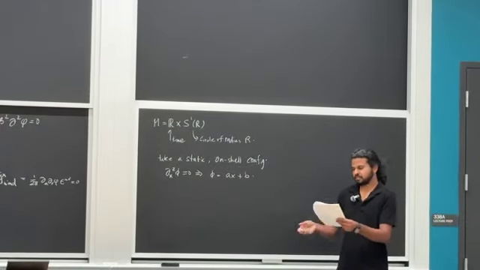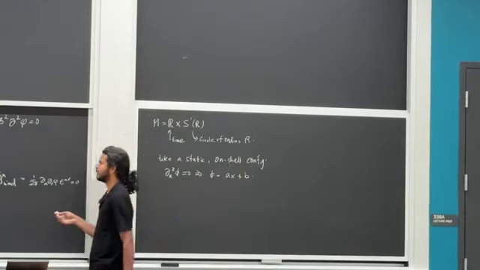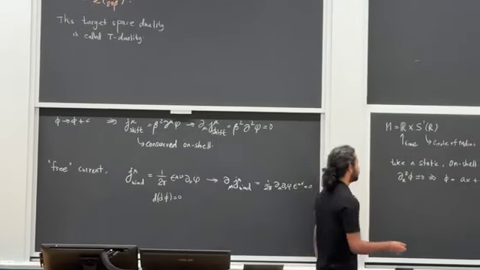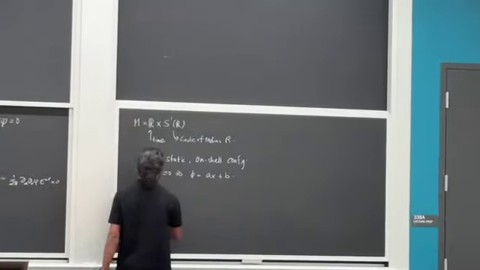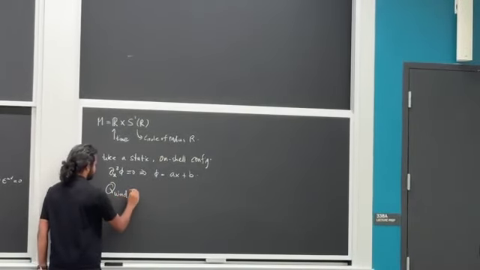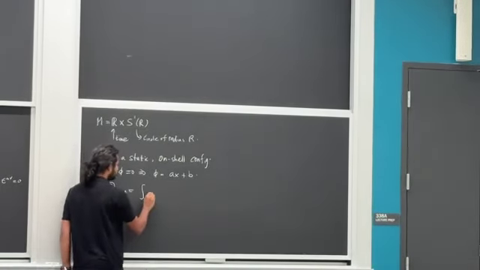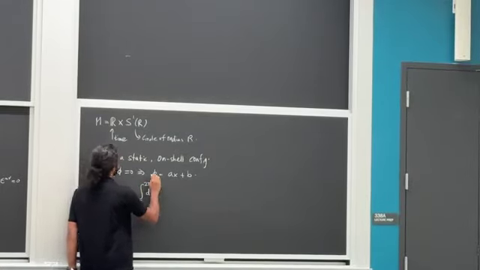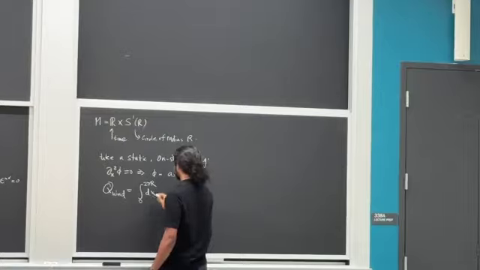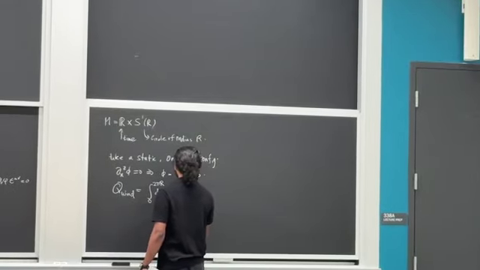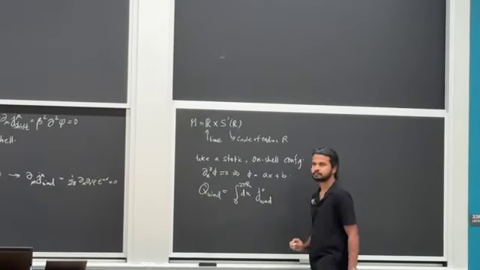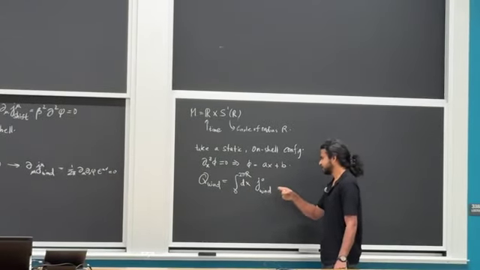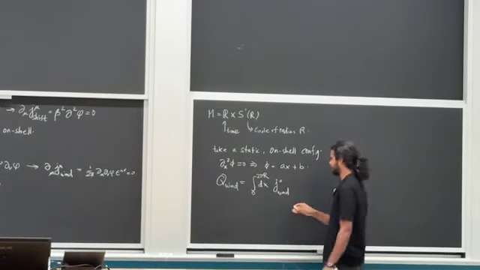Right? Now let's try to evaluate the charge corresponding to this J wind. So we have Q wind, the integral over x from 0 to 2 pi r. That's the circle part. The charge is just the charge density integrated over space.